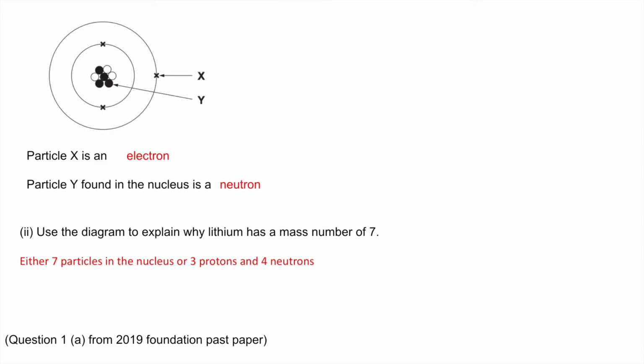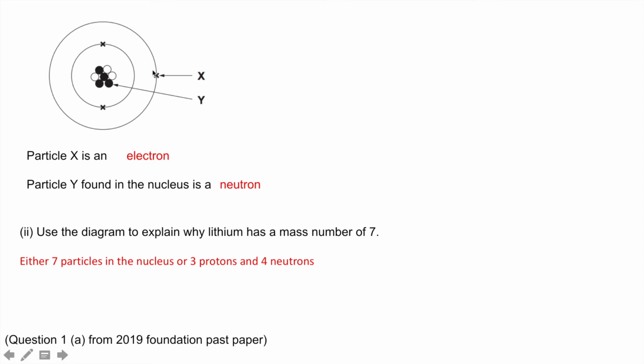Now particle X is an electron, and particle Y is found in the nucleus and is a neutron. Now using the diagram, explain why lithium has a mass number of 7. Well, you can either state that there are 7 particles in the nucleus, or if you want to be more detailed, state that there are 3 protons and 4 neutrons in the nucleus, as you can count here, and knowing that there are 3 protons in the nucleus of lithium, or by working it out using the electronic structure.